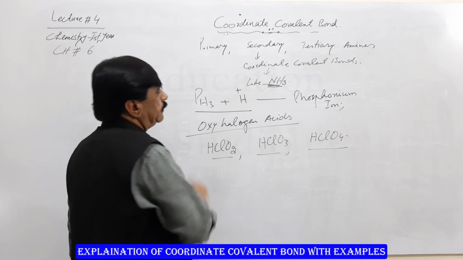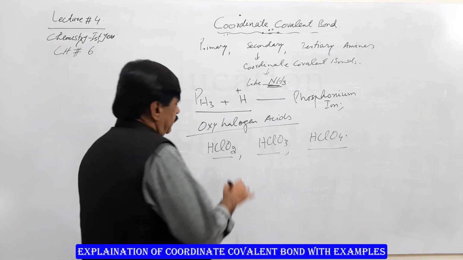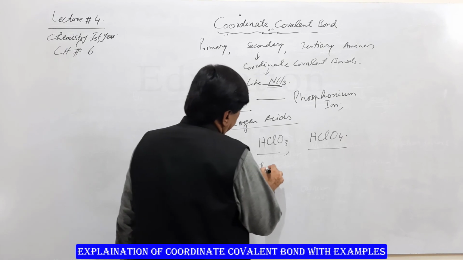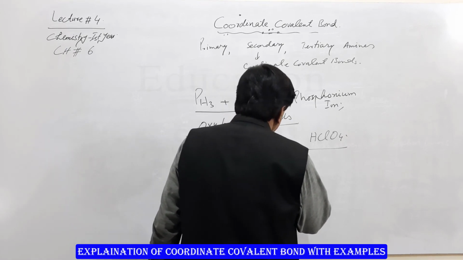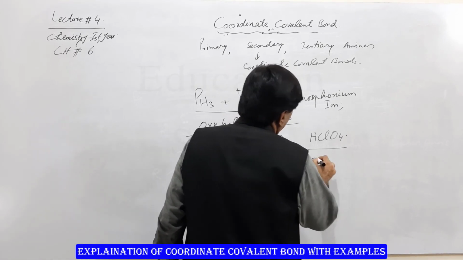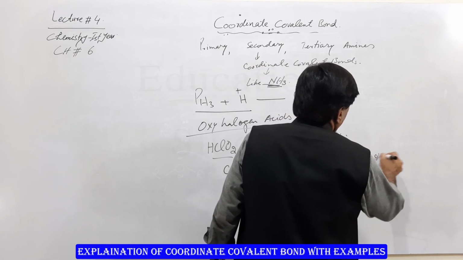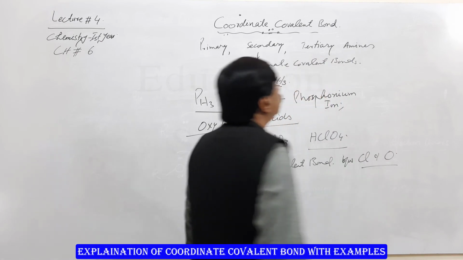In these acids, the coordinate covalent bond is formed between the chlorine and oxygen.